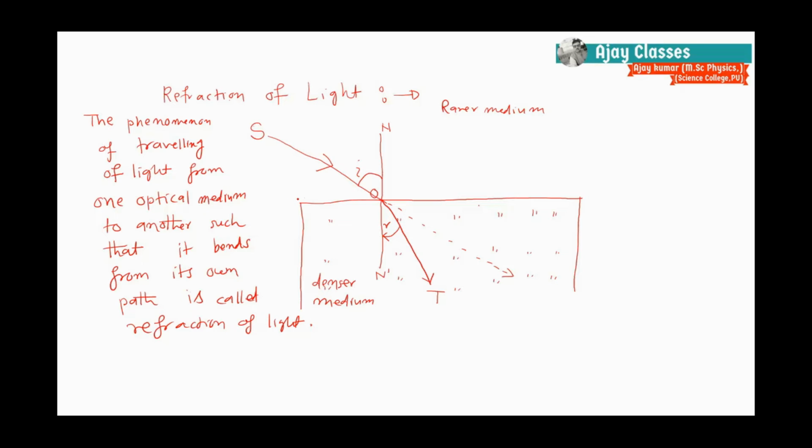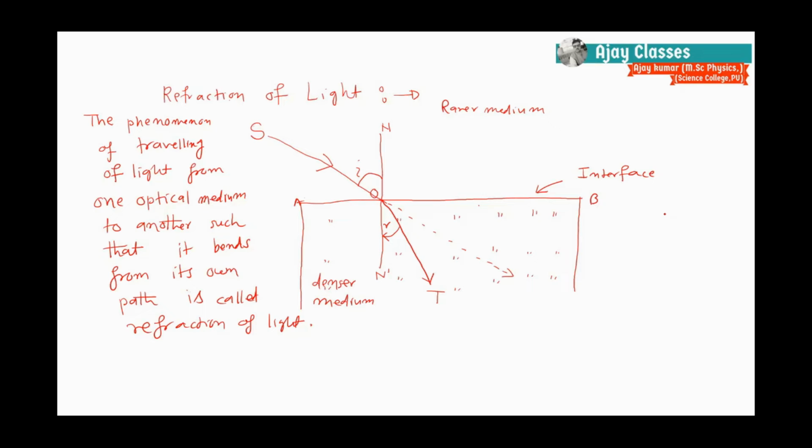Here we suppose that A to B is the medium separator. This is called the interface of the media. The surface which separates the two media is called the interface, where the light is incident and from where the light gets refracted into another medium.